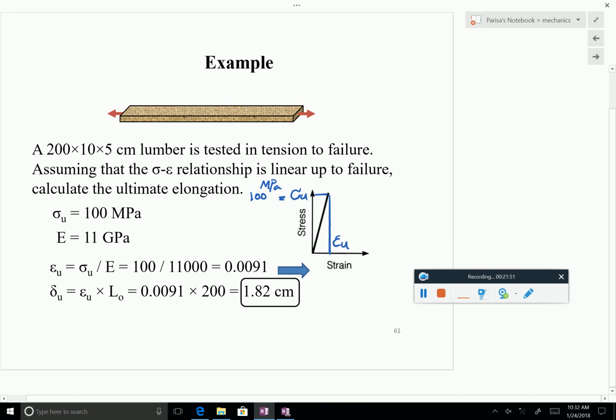So this is a brittle material. Maybe you want to just write that it's very brittle, because it goes and it snaps. For example, chalk is like that. So if you have done this many times, but if you break it, and I cannot break it, you see that the surface is kind of very similar to what I showed you earlier for brittle materials. This is how it looks like.